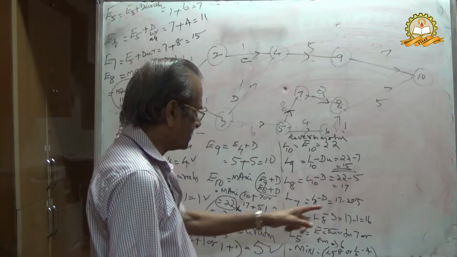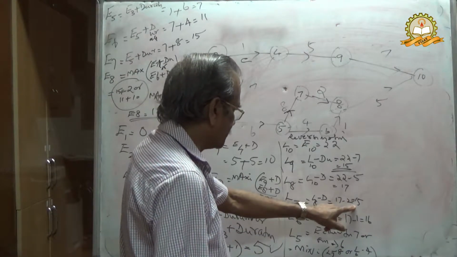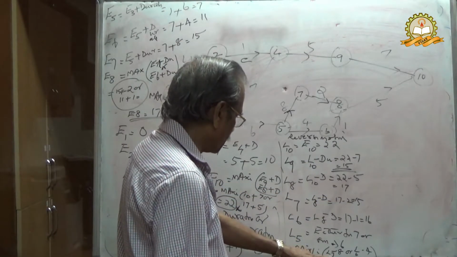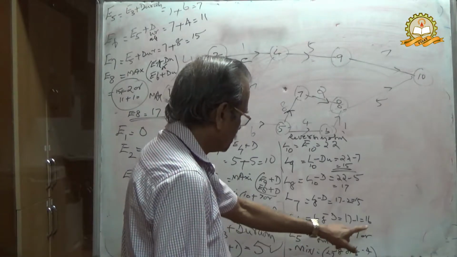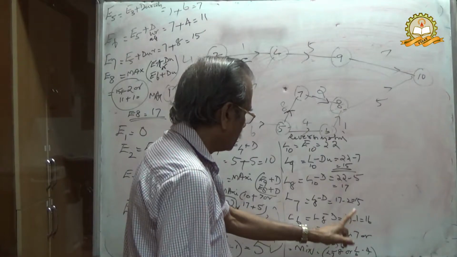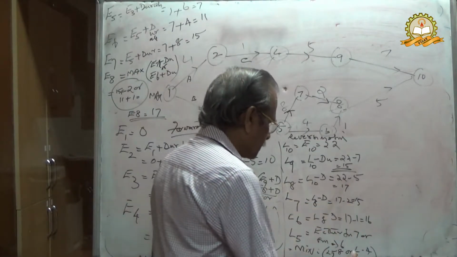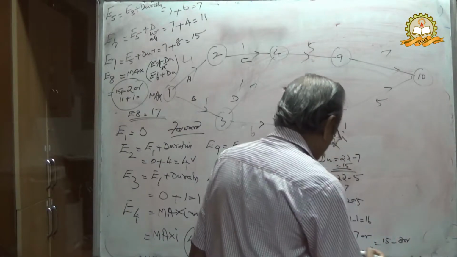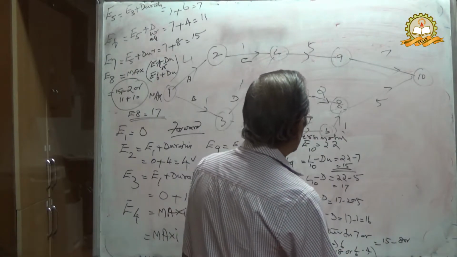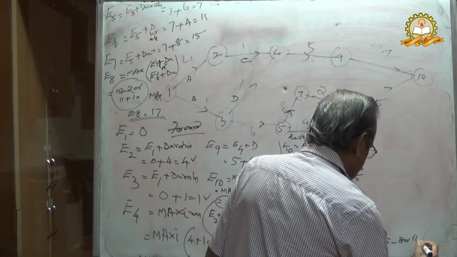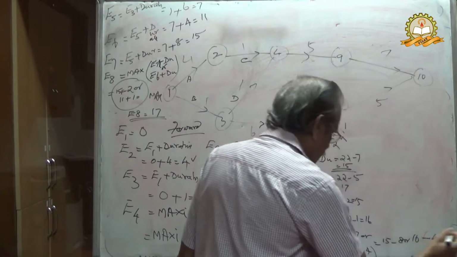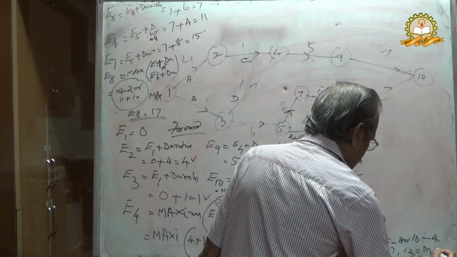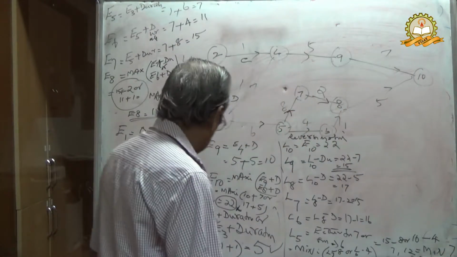L7 equal to 15, so 15 minus 8, or L6 equal to 16 minus 4. Minimum of that: here it is 7, this is 12, therefore minimum equal to 7.